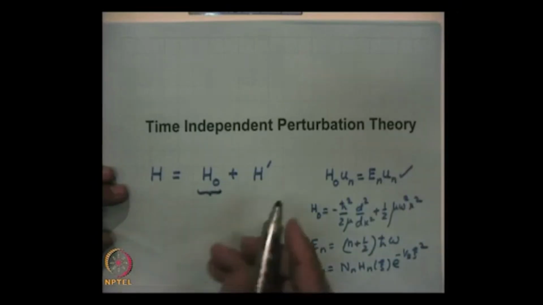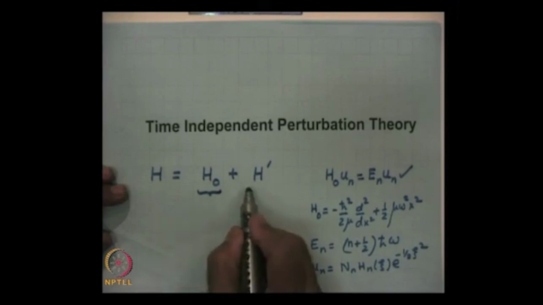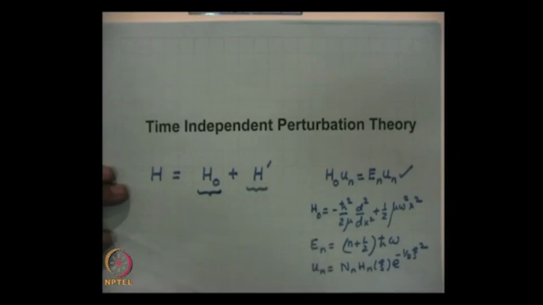Then we add to it another term, and then we try to calculate the effect of this term. So, for example, we have a charged oscillator, we put it in an electric field, and then there is a Hamiltonian which is something like minus e times the electric field times x.